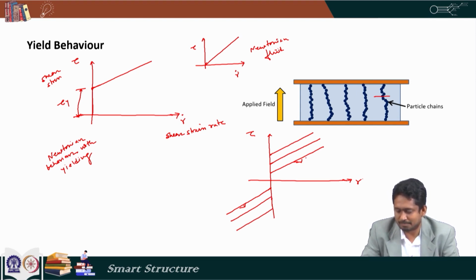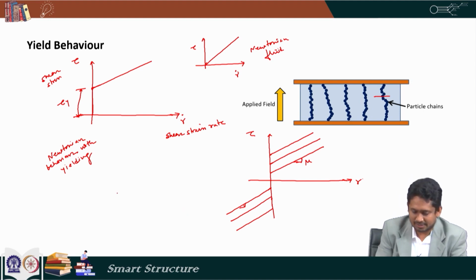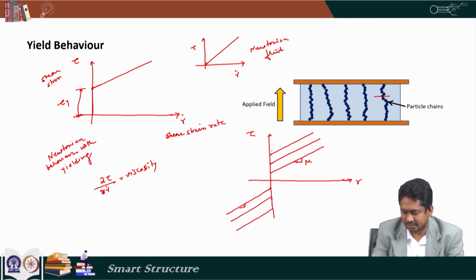Now, this slope of the curve is called viscosity, as we know that del tau by del gamma dot is our viscosity. And this yield stress, as we have seen, is a function of the electric or magnetic field applied.